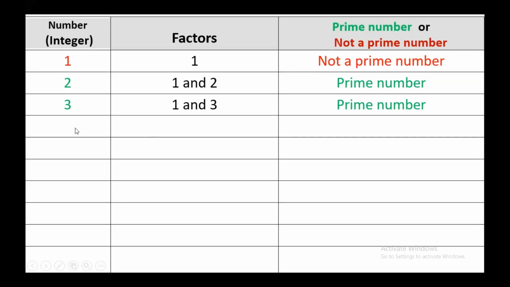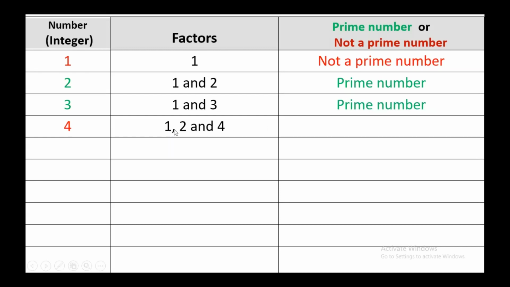Now the next example, we are going to take 4. Find out the factors of 4, and again I say please watch the video on how to find the factors. See the playlist. So factors of 4 are 1, 2, and 4.